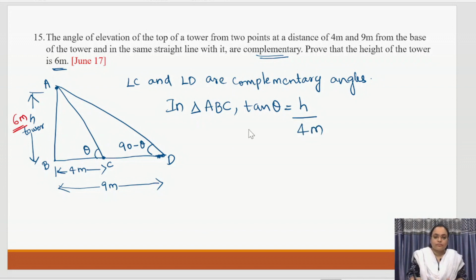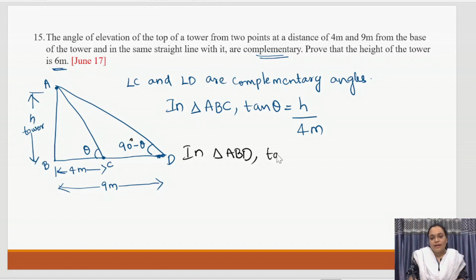Now let us take triangle ABD. In triangle ABD, according to this angle, which is 90 minus theta, this is opposite and this is the base.